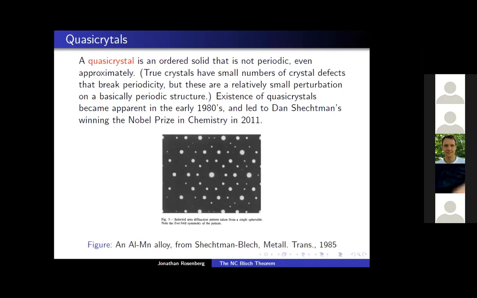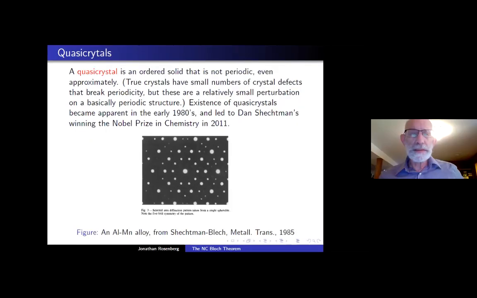So let me start by talking about quasi-crystals. All of you are familiar with crystals. Those are solids with a very regular periodic pattern. A quasi-crystal is an ordered solid that's not periodic, even approximately.